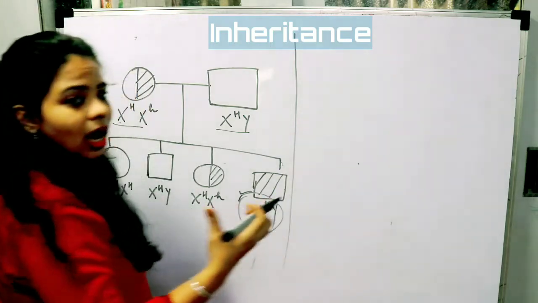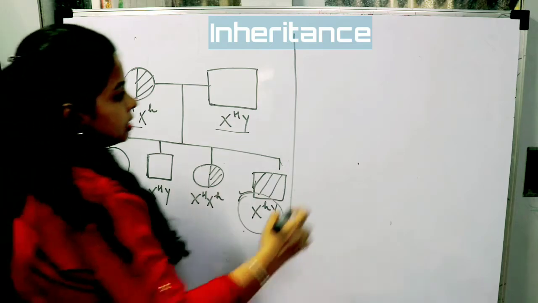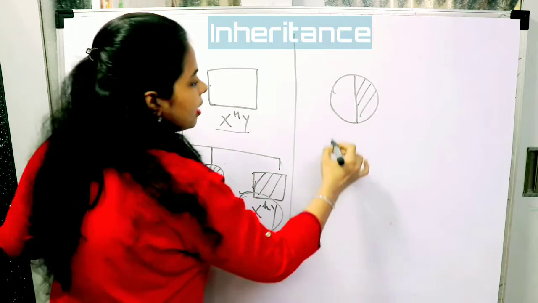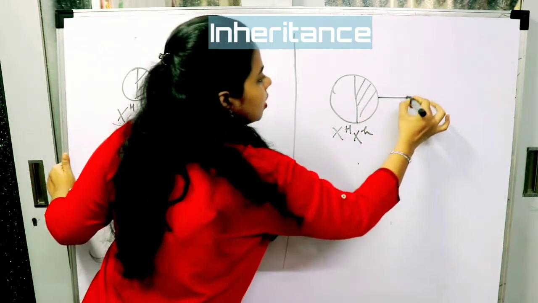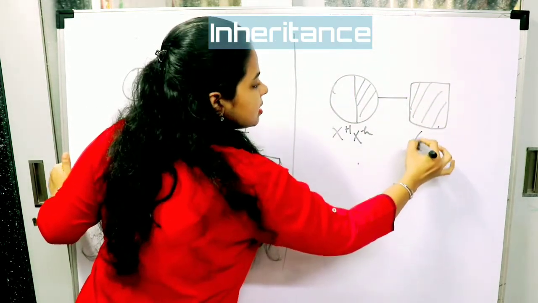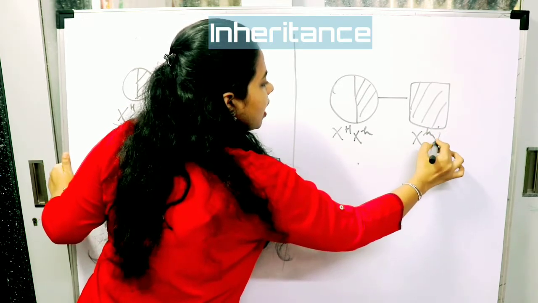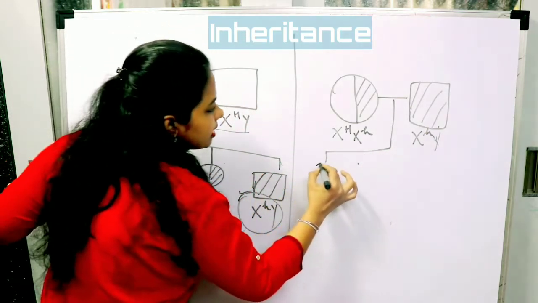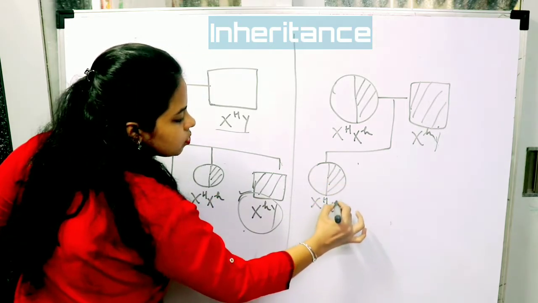Now let's focus on what the genotype of the parents might be if the daughter is affected. The parents are a carrier female, X capital H X small h, who marries an affected or hemophilic male, X small h Y. The first outcome is a carrier female, X capital H X small h.